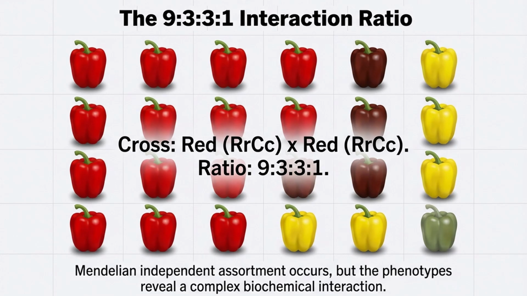And when we cross those F1 heterozygotes, Mendelian independent assortment still occurs, giving us the classic 9:3:3:1 genotypic ratio. However, because these genes interact biochemically, those numbers now reveal a complex split of four distinct phenotypes for the same fruit.